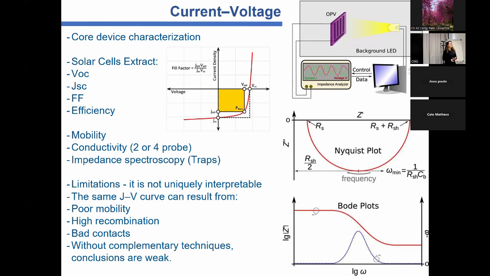So sometimes the interface we want to overcome. So we can analyze, for instance, traps using impedance measurements with the current voltage, but with the variation of the frequency of the current.